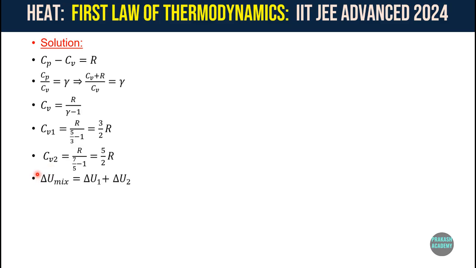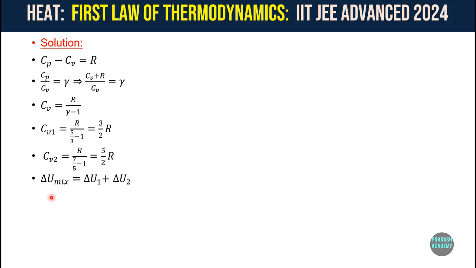Now what is the internal energy of the mixture? The mixture contains two gases, monatomic and diatomic. So the internal energy of the mixture will be the internal energy of monatomic gas plus the internal energy of diatomic gas, because energy is a scalar quantity and I can always add it.